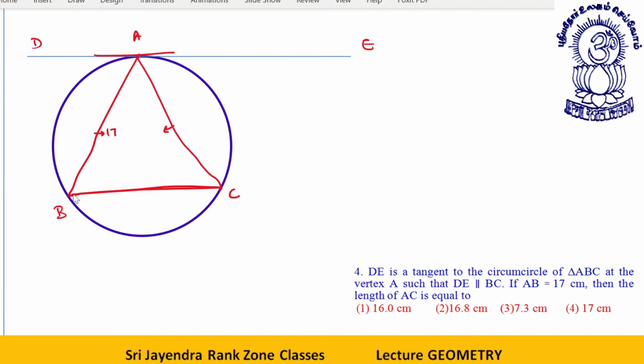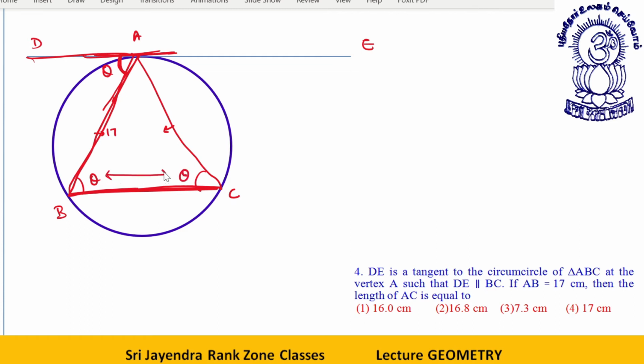These two sides are parallel. When these two sides are parallel, this is a Z, as I have told you initially. So if this angle is theta, this angle will also be theta. Got it? But my dear beloved students, this is a tangent, this is a chord, this is one segment of a circle. Here the angle is theta. If this angle is theta, then the angle in the alternate segment subtended by this chord will also be theta.